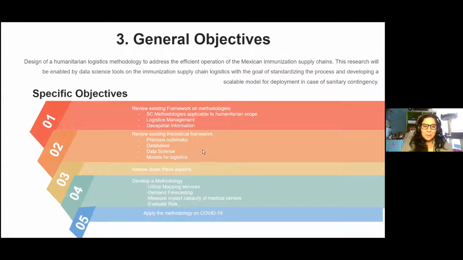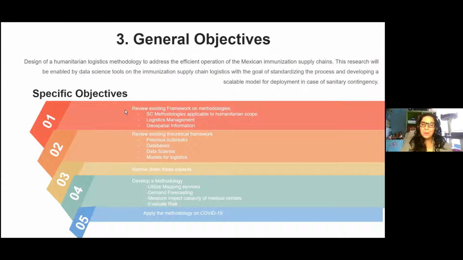The general objective is designing the humanitarian logistics methodology. For my thesis, I will be working on the COVID case, but it should apply for all Mexican immunization supply chains. So the first thing I did, and what I'm finishing right now, is reviewing the existing framework, logistic management and geospatial information.